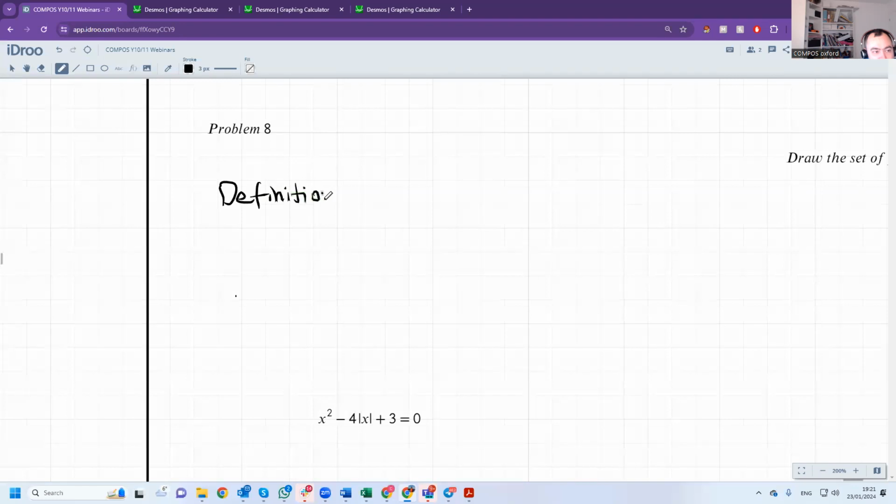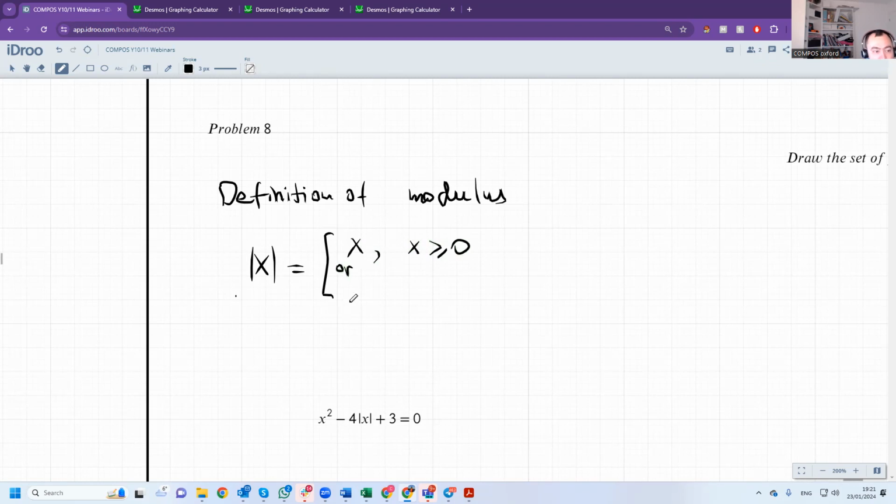Definition of modulus. Modulus x is equal to, square bracket, x if x is greater or equal to 0, or, the square bracket means or, it's equal to minus x if x is negative.